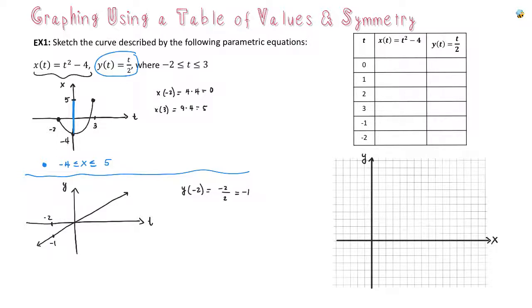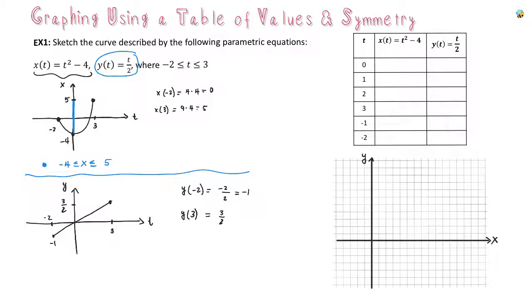This is telling me that I will not need this part of the graph, so I will erase that. Then y of 3, going to the other extreme, will give me 3 over 2. So when t is 3, the y value will be 3 over 2. That means that I'm going to go ahead and erase this part of my graph.